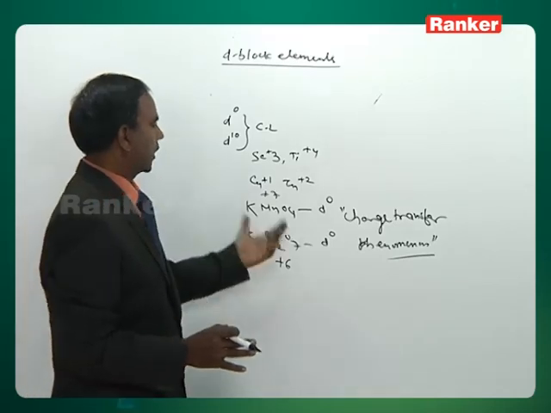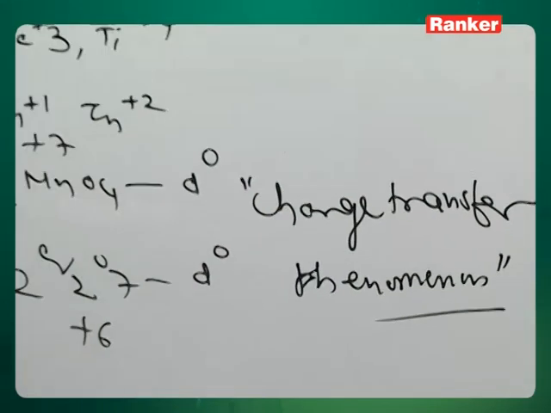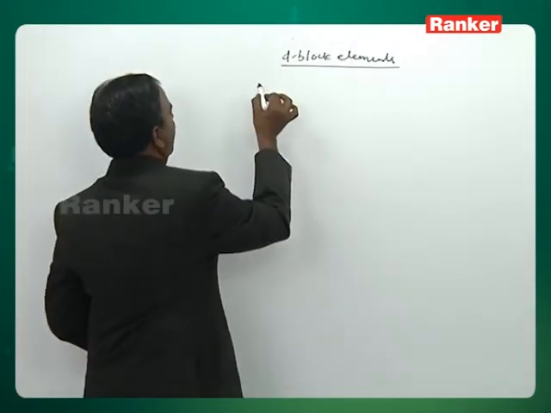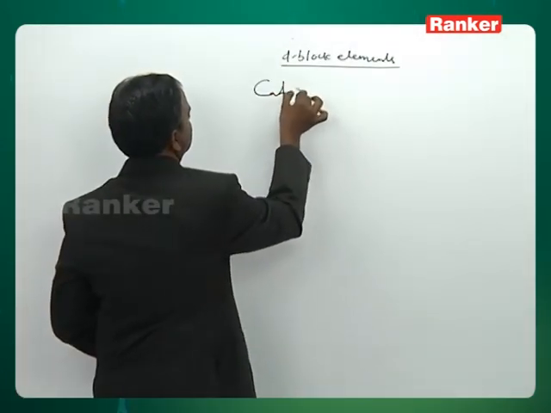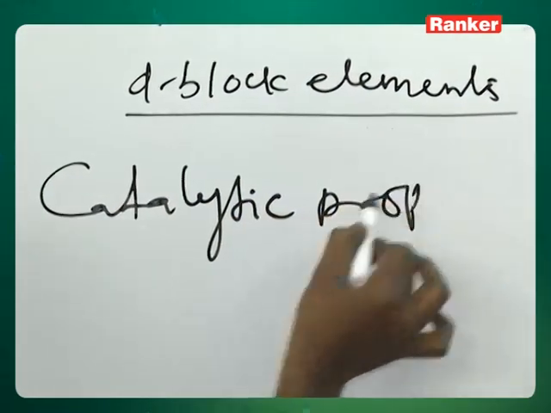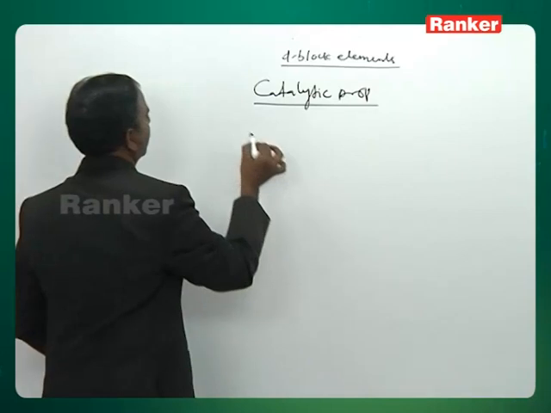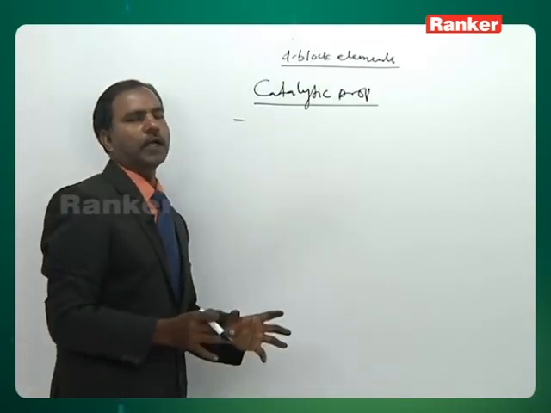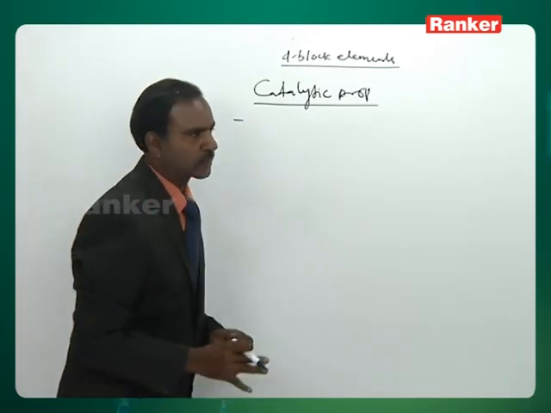Next, let us see the next heading, catalytic properties, we will discuss. See, most of the d block elements and their compounds generally we use as what? Catalysts.